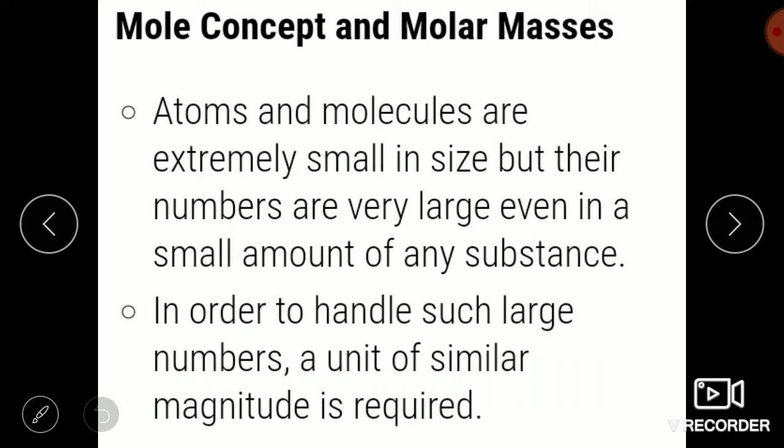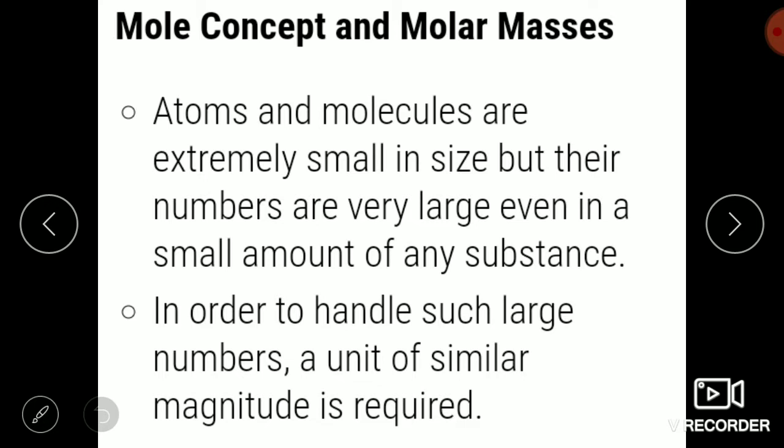Next we'll see the mole concept. The mole concept is already given in the notes. Just have a look here. Atoms and molecules are extremely small in size. We all know that atoms and molecules are so tiny that even under a microscope you cannot see them. But their numbers are very large even in a small amount of any substance.